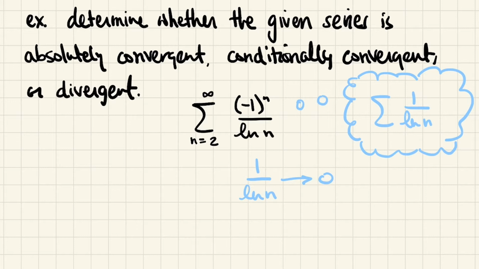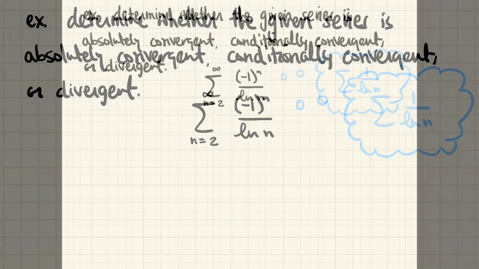So yeah, we probably are going to have that this is a conditionally convergent series. So to show that a series is conditionally convergent, there are 2 steps. You have to show that the series itself is convergent and that the absolute value version of the series is divergent.